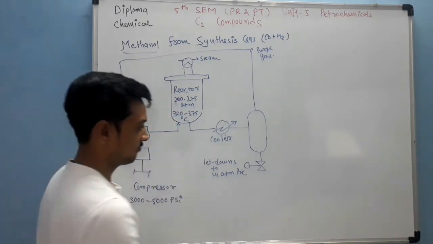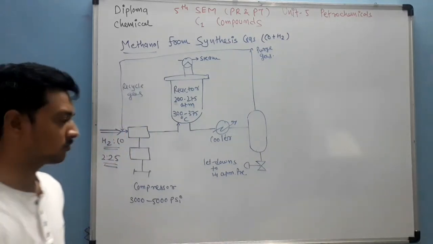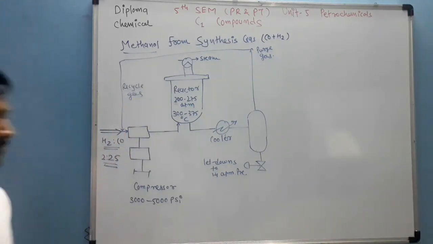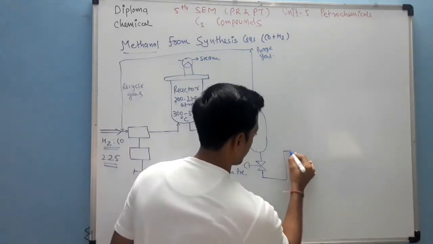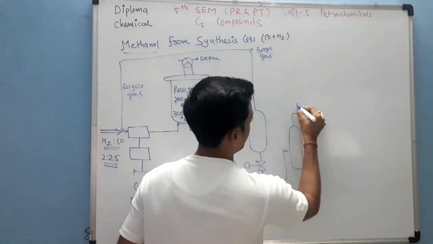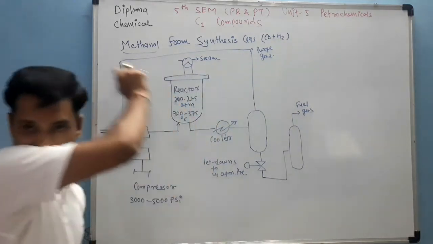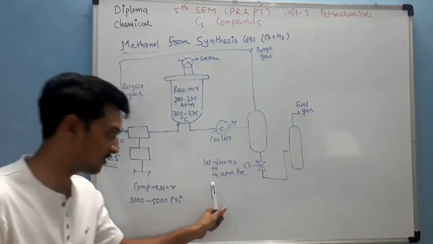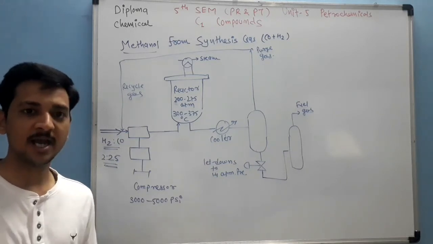Okay, now from the let down valve it goes to a unit where fuel gas is removed. Then the gas is depressurized and purified by KMnO4.